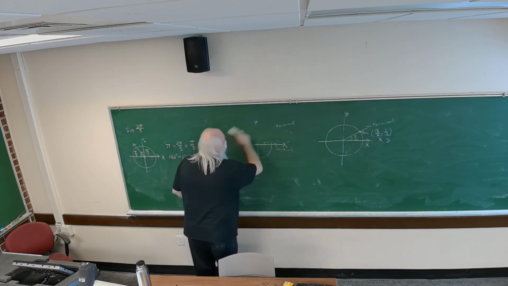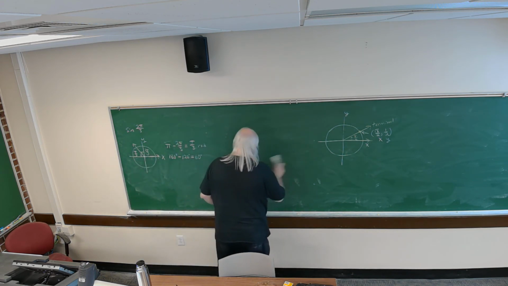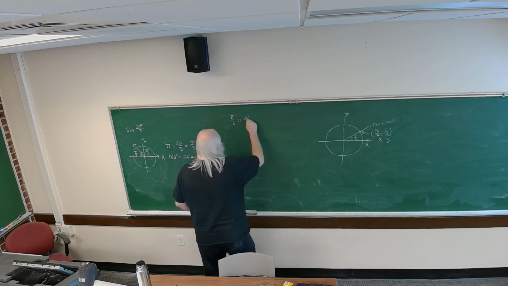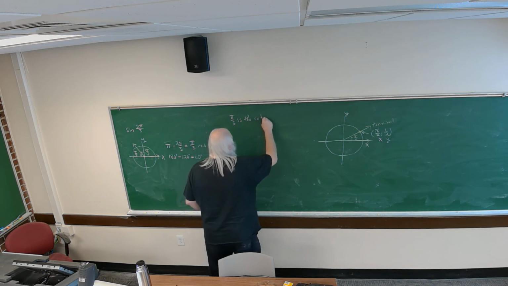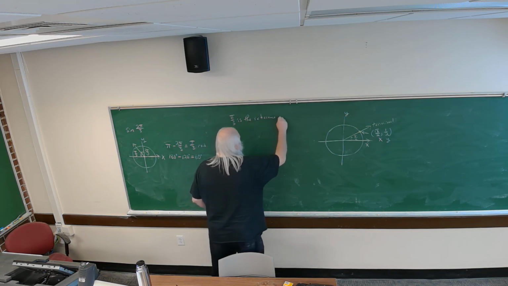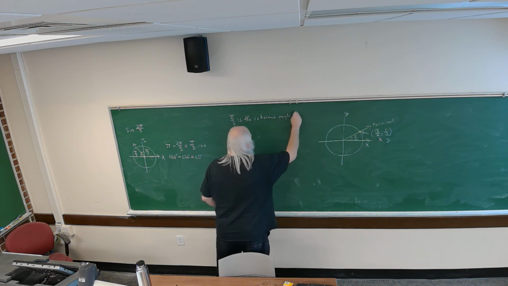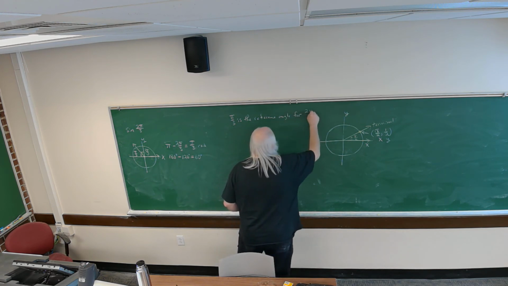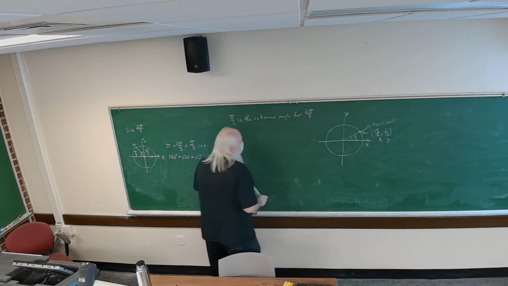So pi over 3 radians is the reference angle for 2 pi over 3 radians. Okay?